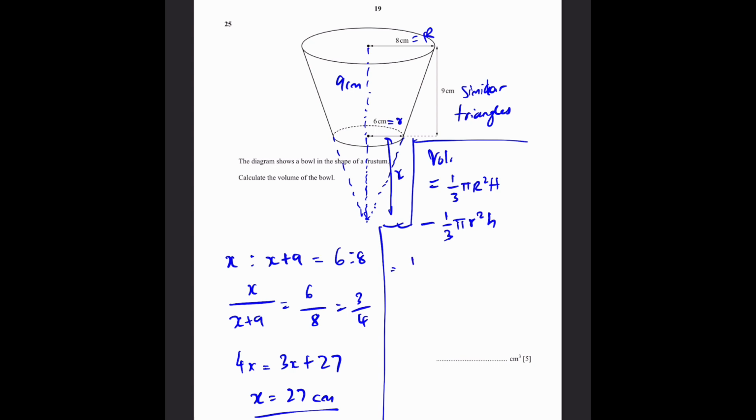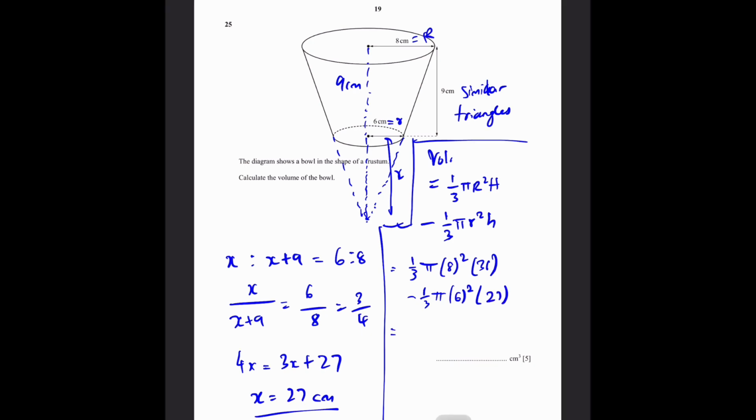Now we can simply replace with all the values we have found. Pi times 8 squared times 27 plus 9, which is 36, and then minus 1 by 3 pi times 6 squared times 27.